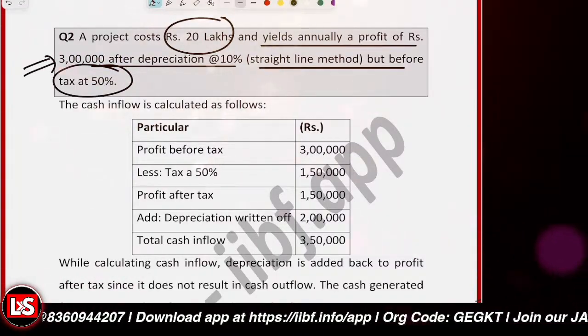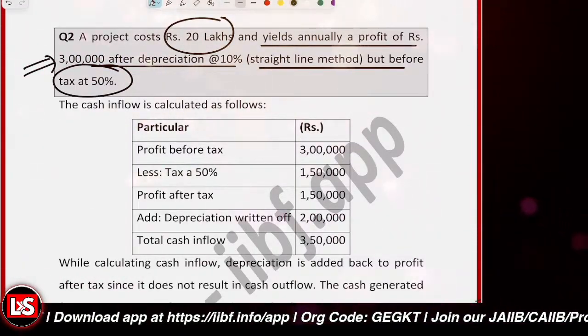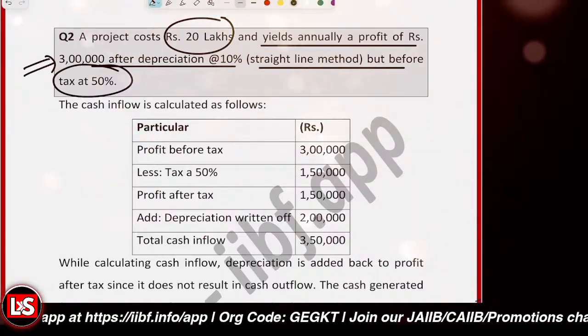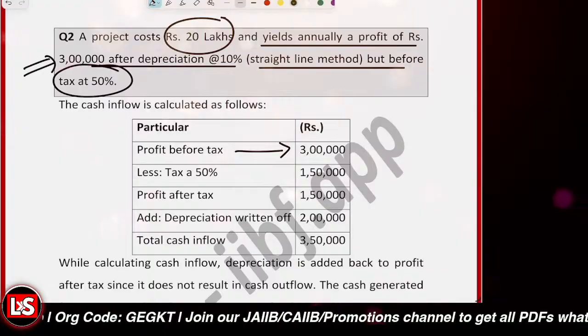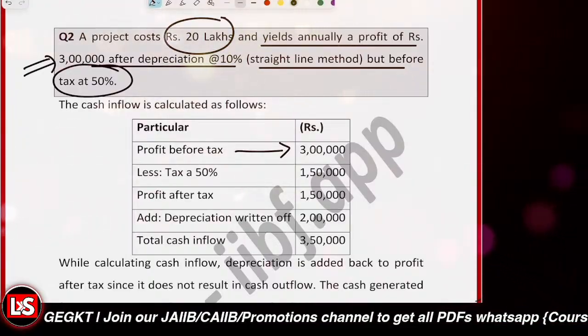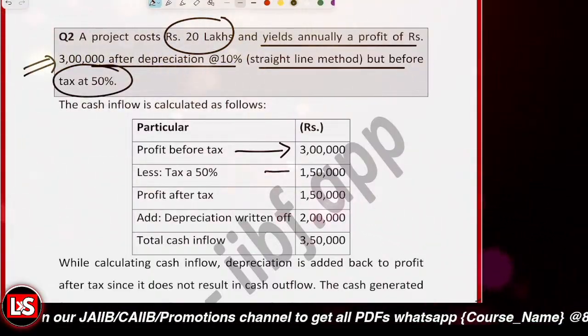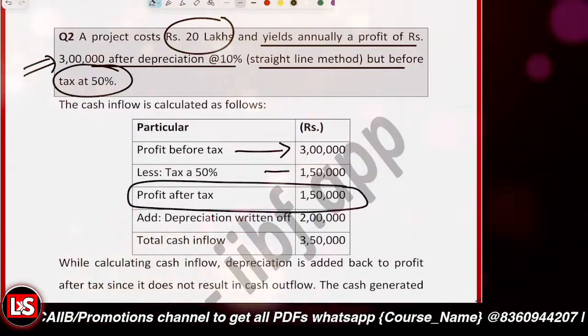The profit before tax is 3 lakh rupees and tax is 50%, so that is to be deducted. So profit after tax would be 1,50,000.